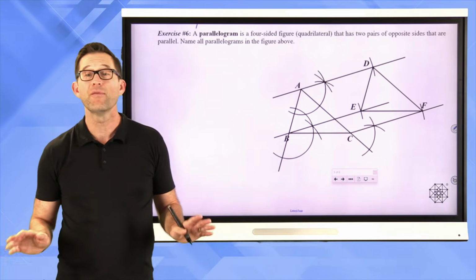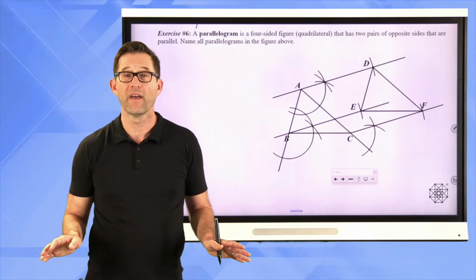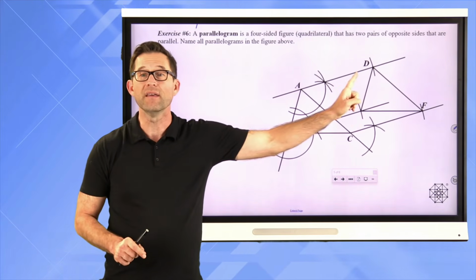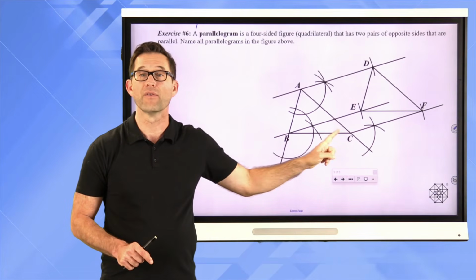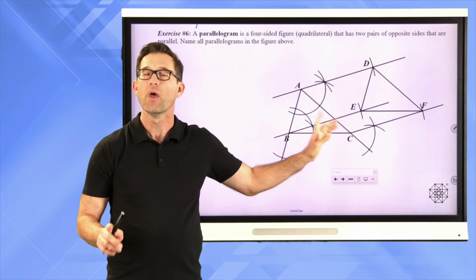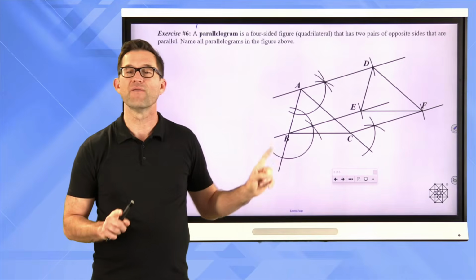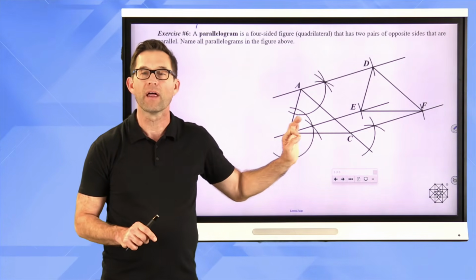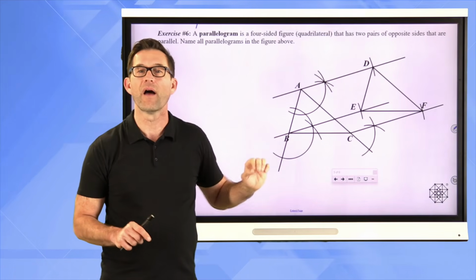There's actually quite a few parallelograms here, okay? And that's because, right, think about this. We know AD is parallel to CF is parallel to BE, right? We talked about that. But we also know that the image of any given segment on the original triangle will be parallel to its image segment on the final triangle.